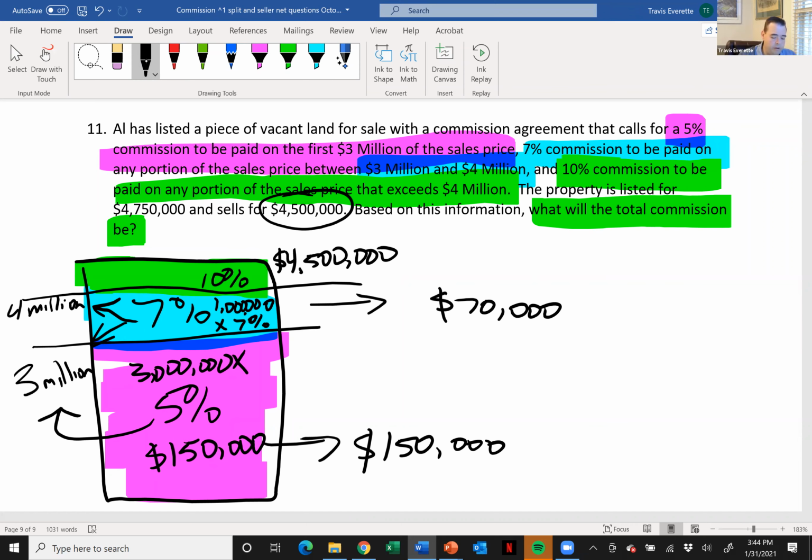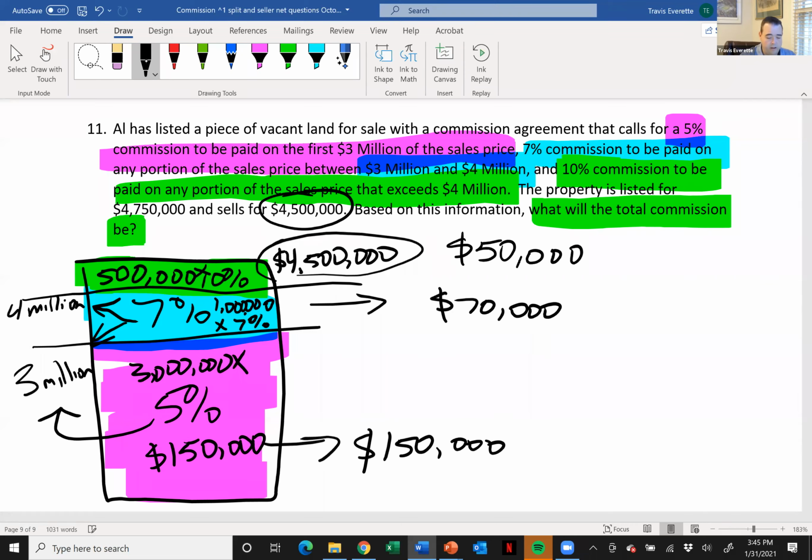And then up here in the green, it's certainly not the whole 4.5 million at 10%. It just says the amount above this $4 million line up to the purchase price of $4,500,000. So it looks like to me there's $500,000 in this green box. And so that's times 10%, which is going to give me over here $50,000.